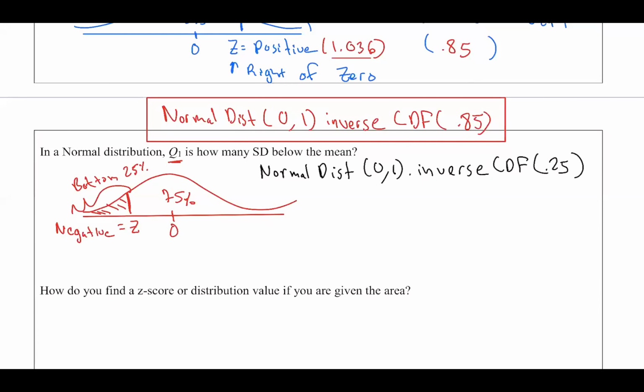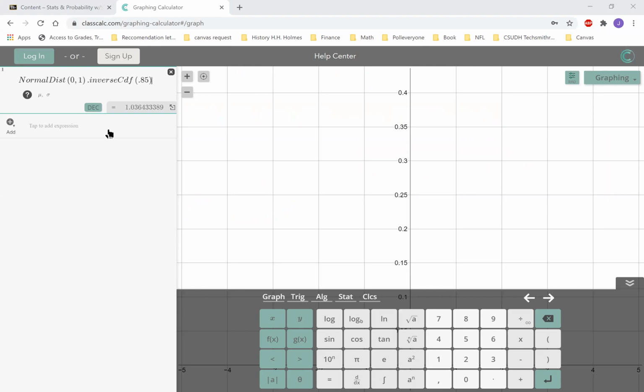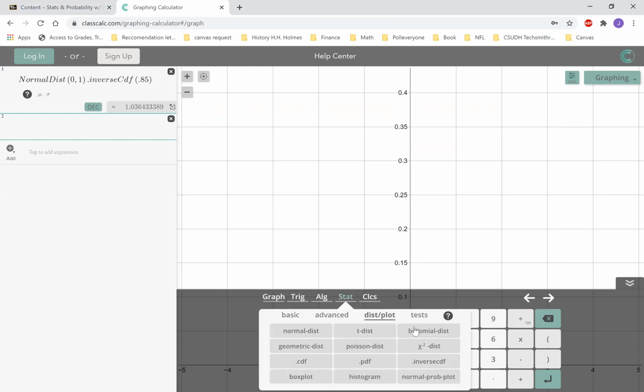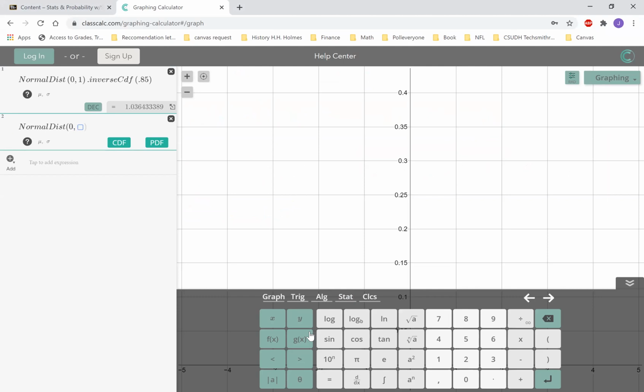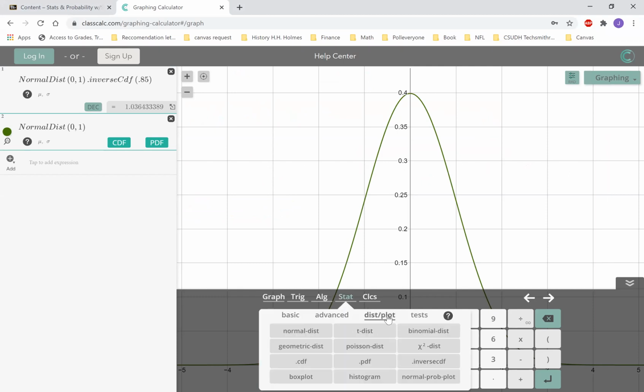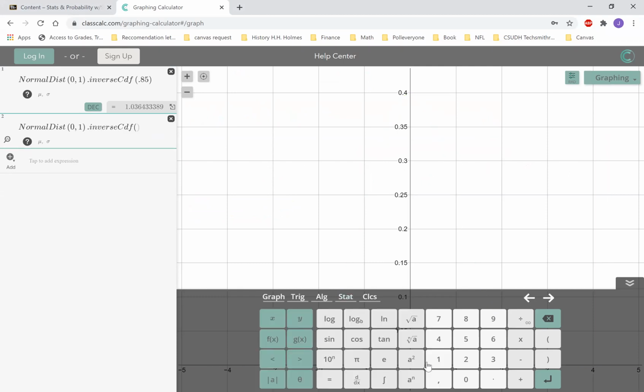So we always just enter the number that goes to the left? Correct. You always enter the number that goes to the left. Okay. So we go to stats, go to distribution, go to normal distribution, put 0, comma, 1. Then go to stats, go to distribution, go to inverse CDF, and do 0.25.